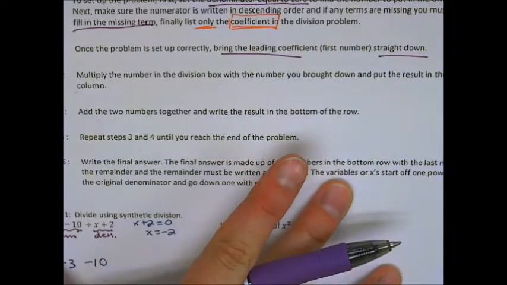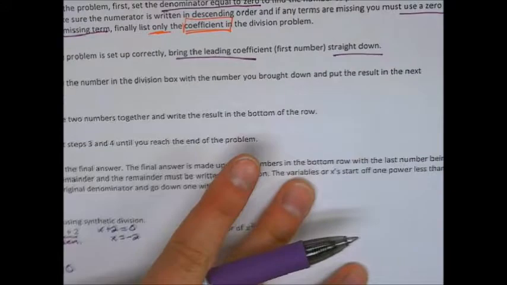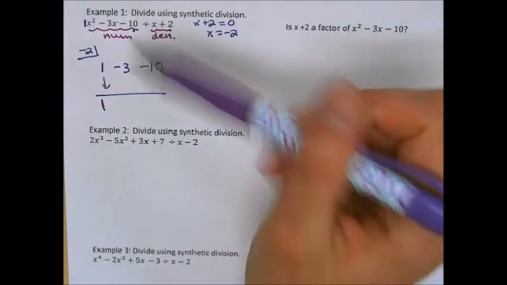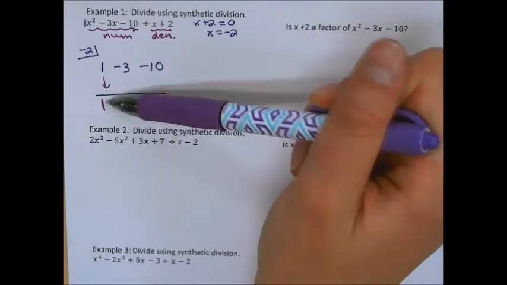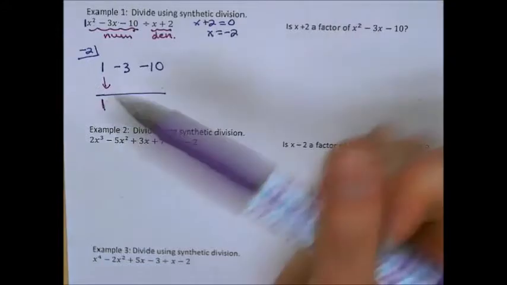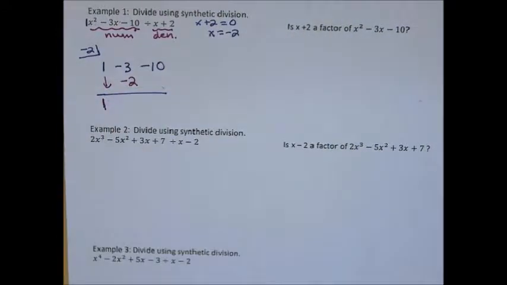Step 3. Multiply the number in the division box with the number you brought down and put the result in the next column. So multiply the number in the division box with the number we brought down. So negative 2 times 1 is negative 2. And we're going to put that in the next column.